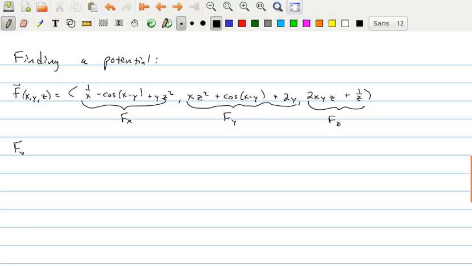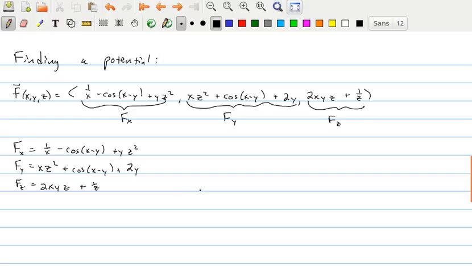That means that f_x equals 1 over x minus cosine of x minus y plus yz squared. And then for our y component, we know that f_y is equal to xz squared plus cosine of x minus y plus 2y, and the partial of f with respect to z is equal to 2xyz plus 1 over z.